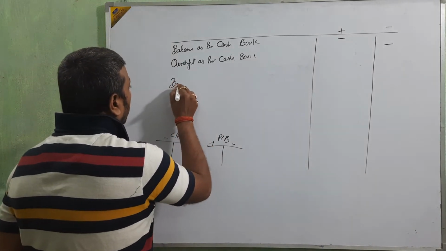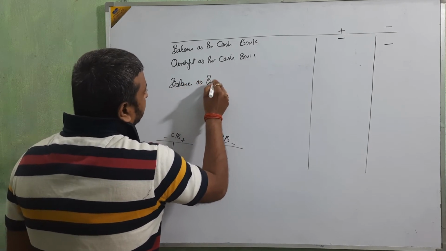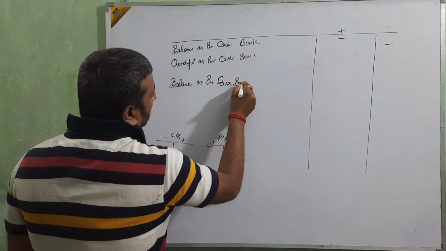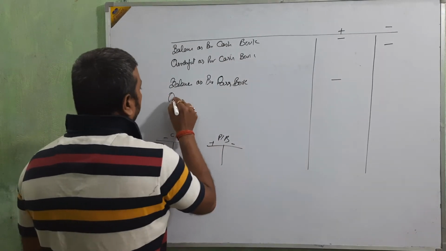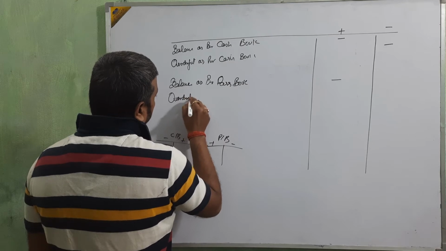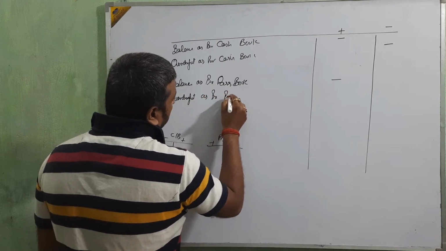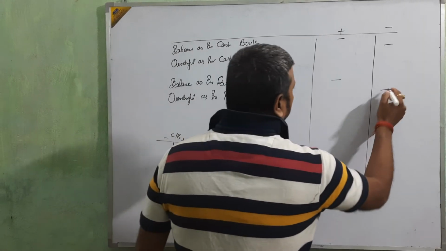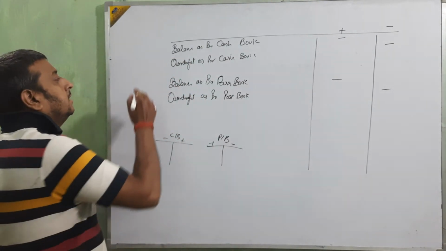Then balance as per passbook, again presented on the plus side, and then overdraft as per passbook, presented on the credit or minus side. These are the four methods.